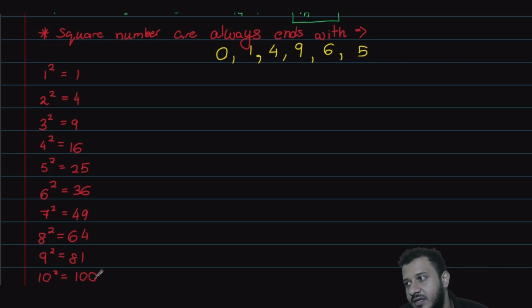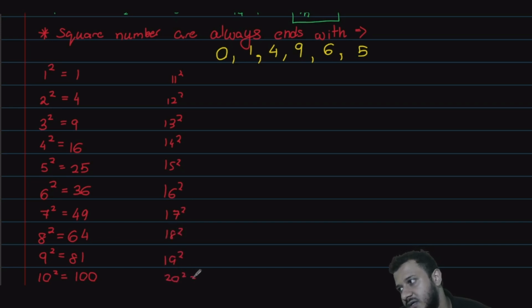Now 11 square, 12 square, 13 square, 14 square, 15 square, 16 square, 17 square, 18 square, 19 square, 20 square. The fun part is these 11, 12, 13, 14 end with the same exact digits as before.